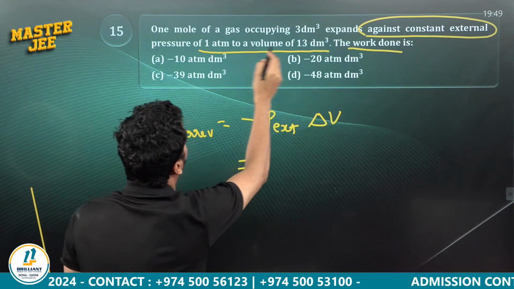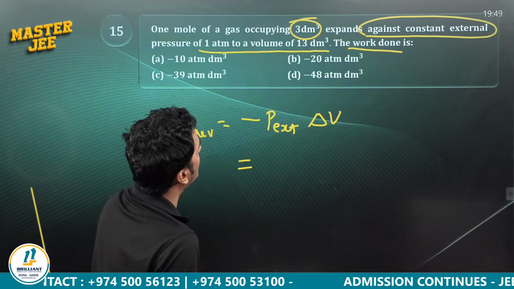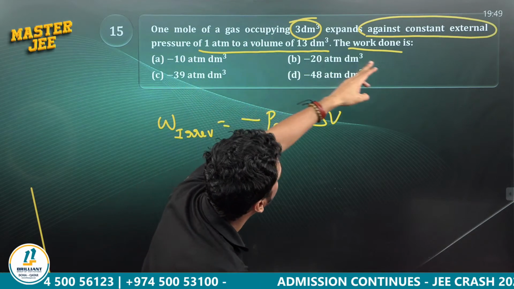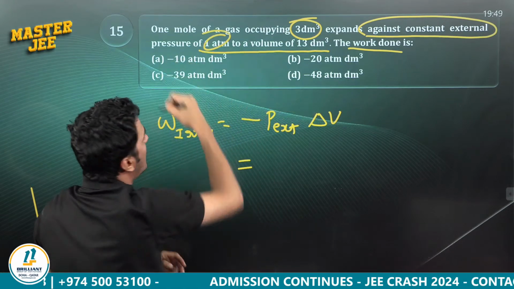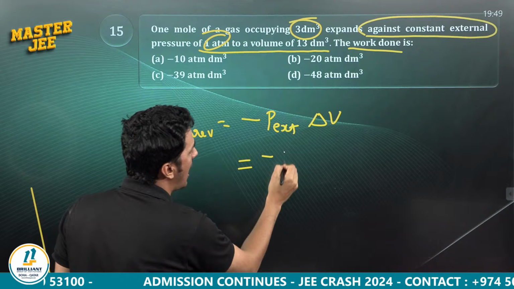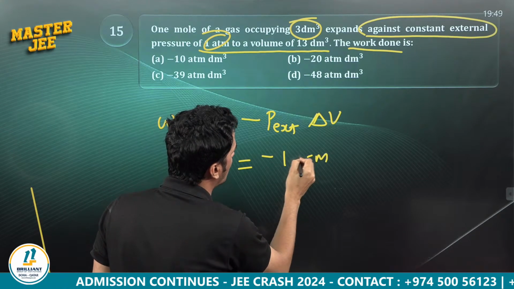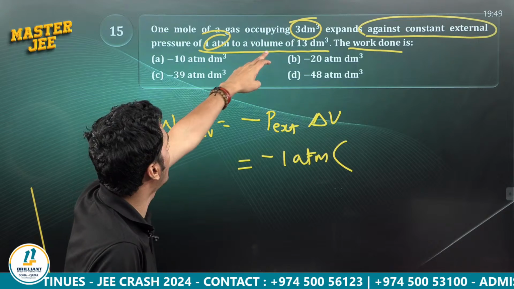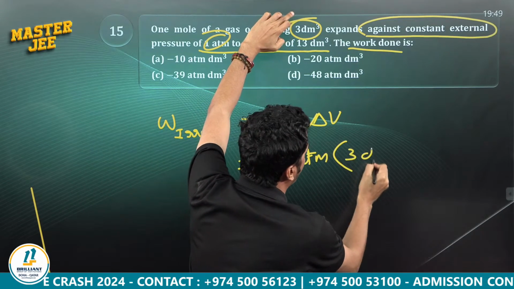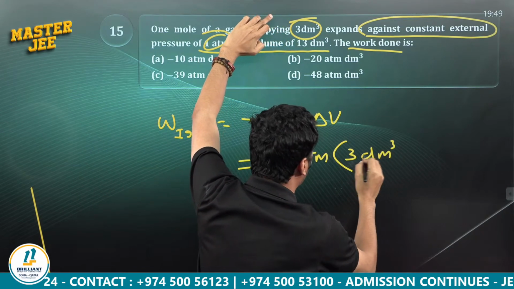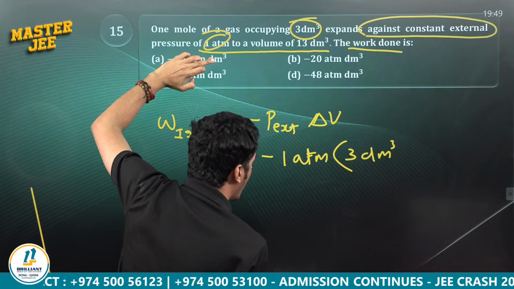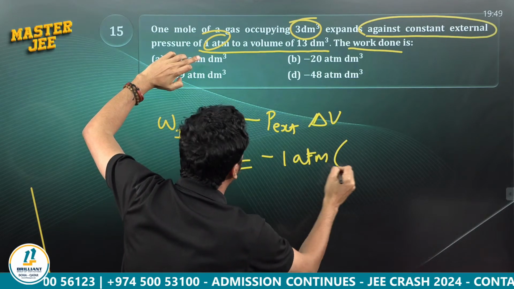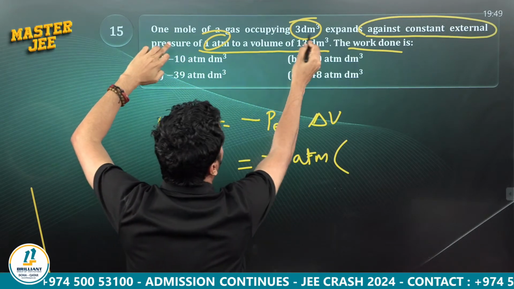So minus P external, how much are they applying? 1 mole of gas occupying 3 decimeter cube, external pressure of 1 atm. 1 atm they are applying. So minus 1 atm into, what's the change in volume? The initial volume is 3 decimeter cube, that is changing to 13 decimeter cube.